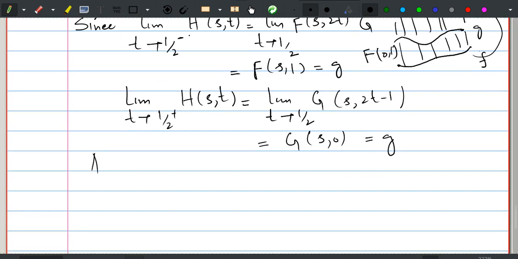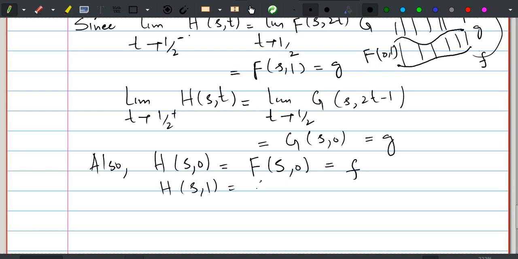Also H of (s,0) is the same as F of (s,0), that is little f, and H of (s,1) is G of (s,1), that is h.